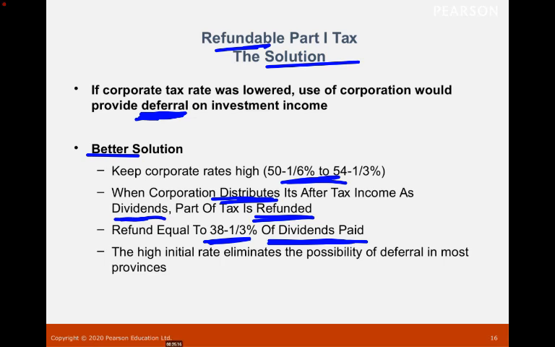So we're building on what we learned in Chapter 12. One of the things you may also have to do in a question is look at the situation, calculate that general Part 1 tax, but then also look at refundable Part 1 tax that would also be relevant.